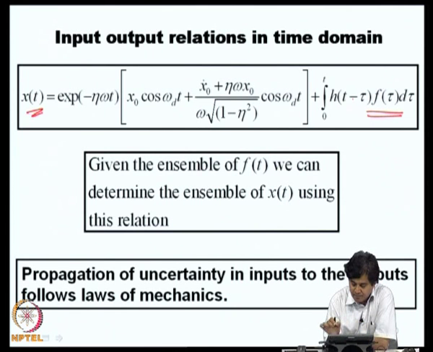That means the subject now combines the quantitative description of uncertainties in the inputs with the theory of vibration analysis to obtain the quantitative description of resulting uncertainties in x of t. So, this is the basic problem in so called stochastic structural dynamics or random vibration analysis. How do uncertainties in inputs propagate obeying the laws of mechanics of the problem?